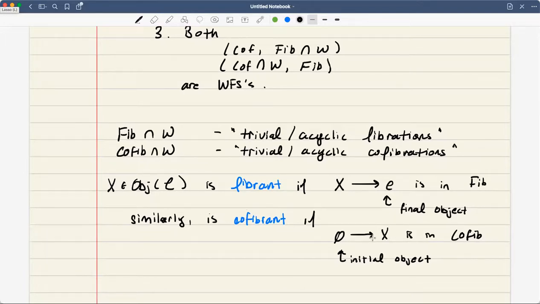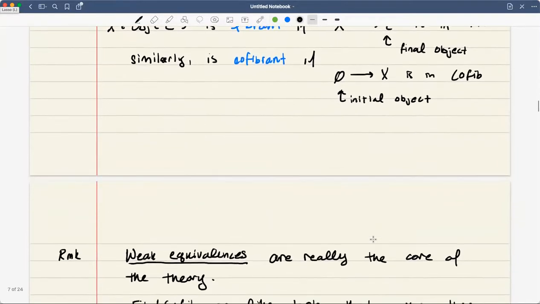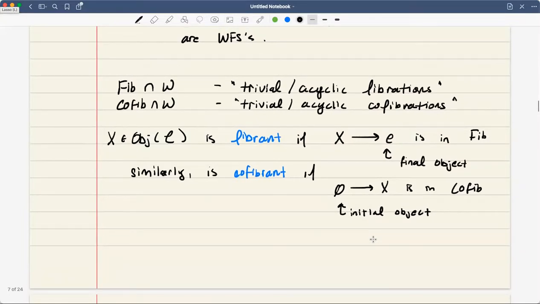In particular, what do I want to say? Maybe I'll return to this. I want to say probably something about maps out of X, right? Yeah, I was thinking more of cofibrant replacement.